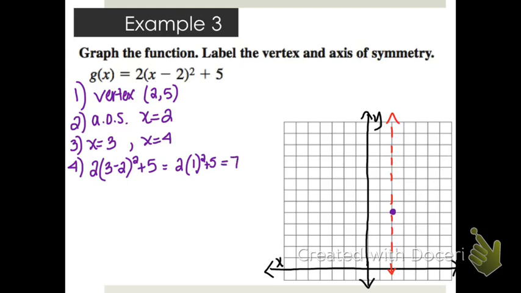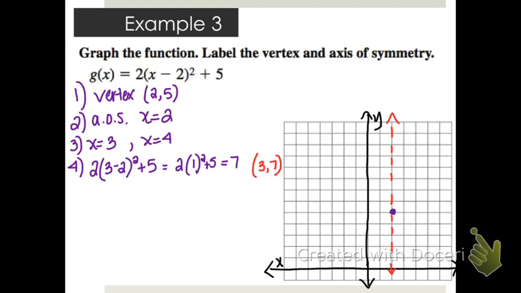So my coordinate point is (3, 7). And this whole thing was for x is equal to 3.